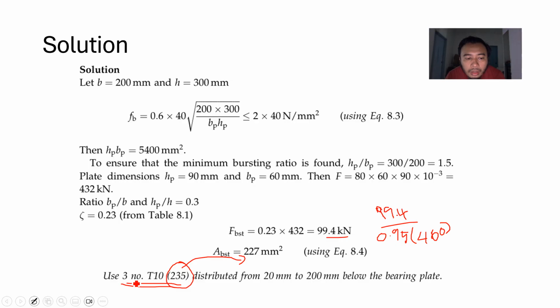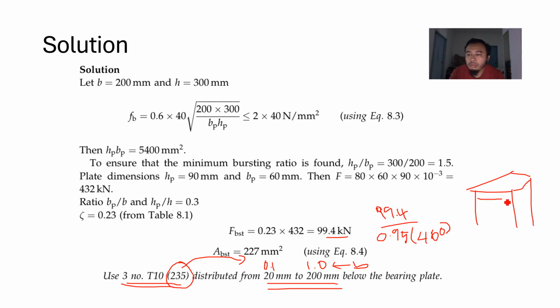You provide three numbers of T10 links distributed from 20 to 200 mm, which is 0.1 to 1.0 B, based on your B. This is a specification where you can put your bursting reinforcement inside your block.